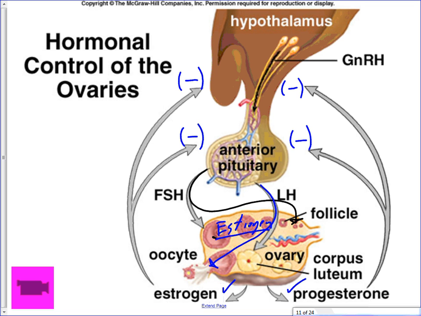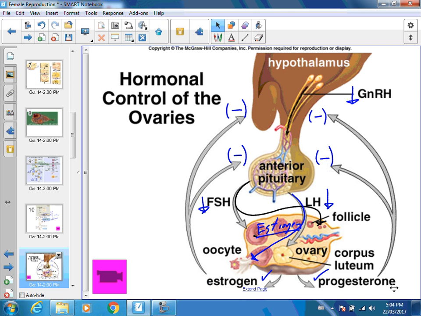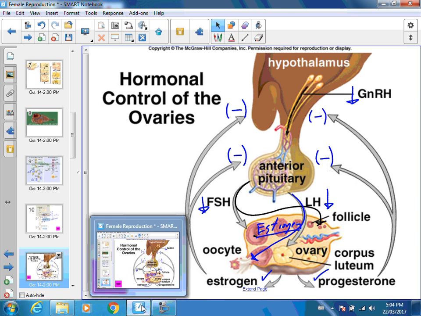And of course, if we do have negative feedback, that means that we're going to be decreasing the production of the gonadotropic releasing hormone produced by the hypothalamus and the two ovarian hormones FSH, and a decrease in the luteinizing hormone as well. So again, there is much more to come, getting into all the details when we do talk about the female reproductive cycles, and that will be the next lesson.